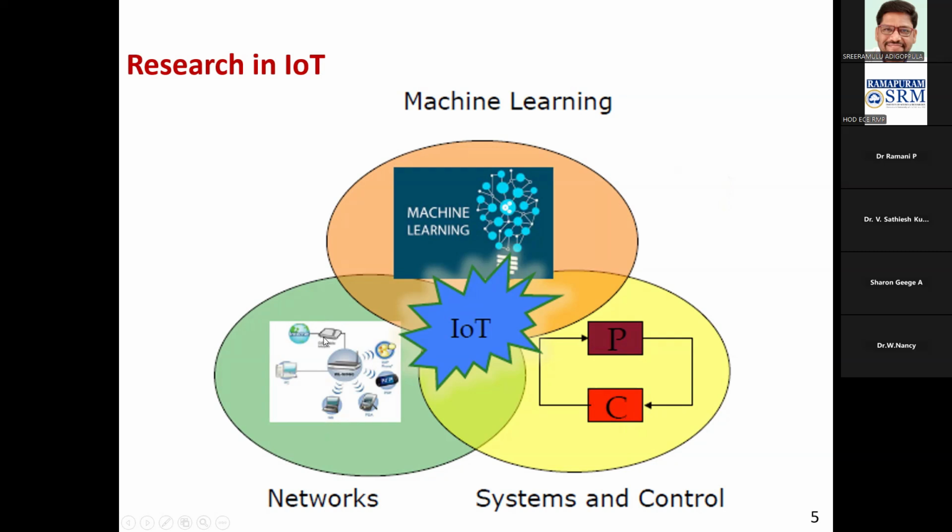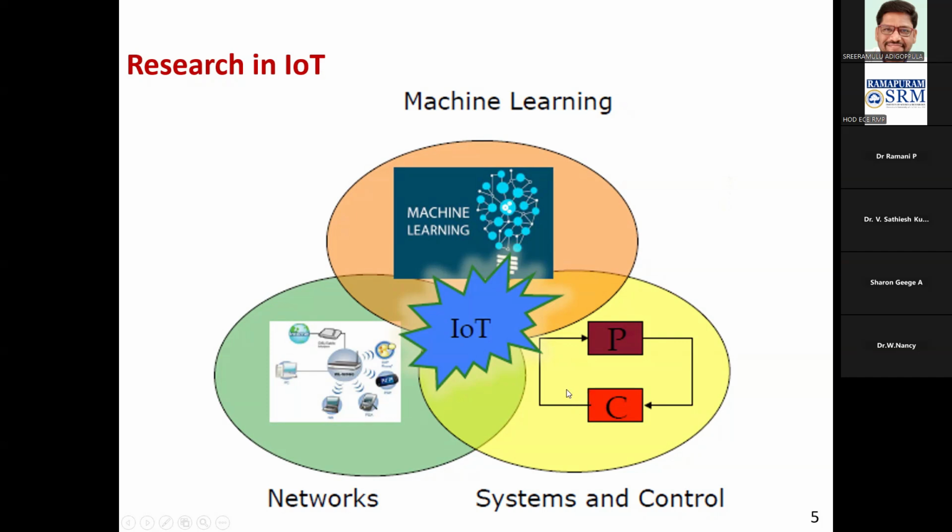And in networks, once the data is acquired, how to communicate in a local network, how to send the data to a remote network. There we have a lot of wired protocols, wireless protocols, how the latency can be reduced, how data rate can be increased, how errors can be minimized, how network congestion can be minimized. So like that, in different aspects of network, we can work in case of IoT.